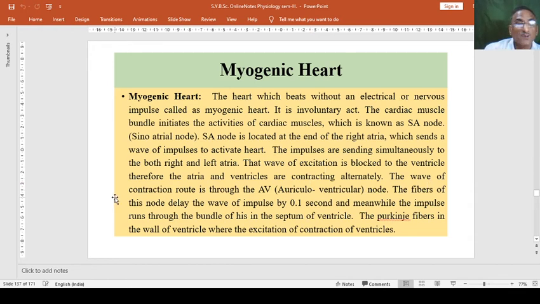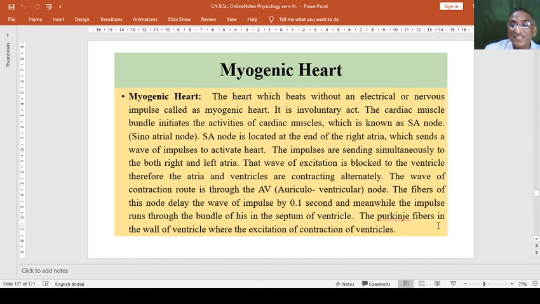The wave of contraction is routed through the AV, auriculoventricular node. The fibers of this node delay the wave of impulse by 0.1 second, and meanwhile the impulse runs through the bundle of His in the septum of the ventricle. The ventricle has two chambers, right ventricle and left ventricle, and in between is the septum through which the impulse is carried.